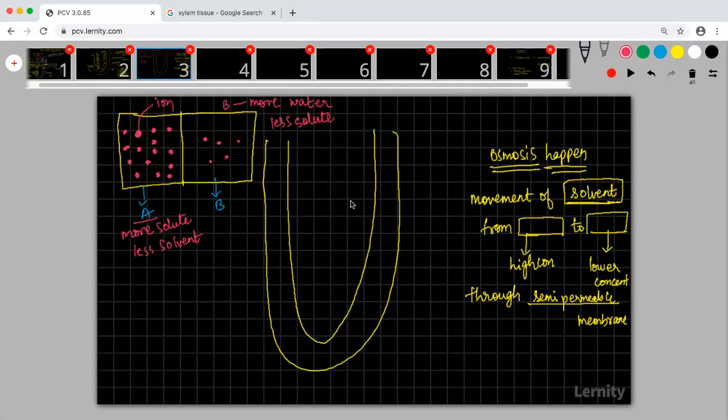Will it move from A to B or B to A? It will move from B to A. You are able to understand, because water concentration is more here and then it is coming to this side. So this is how your water will move.